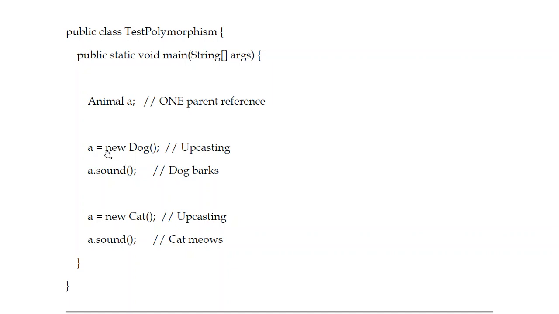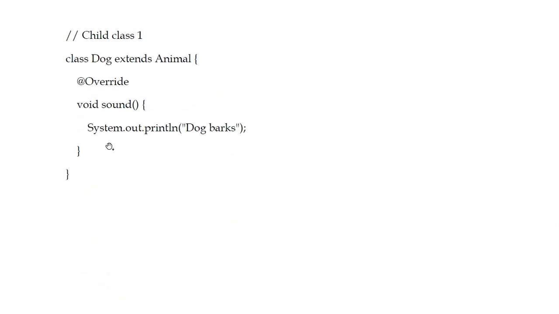See here, the parent class reference is referring to the child class object. Or you can understand it as the child class object being stored in the parent class reference.